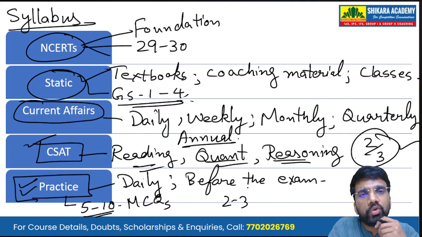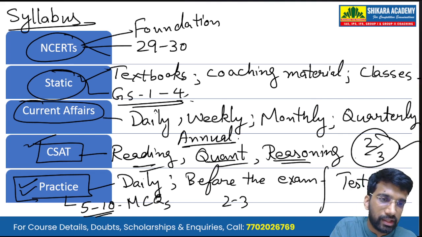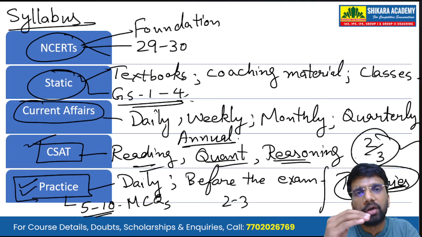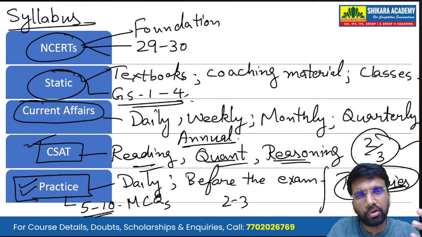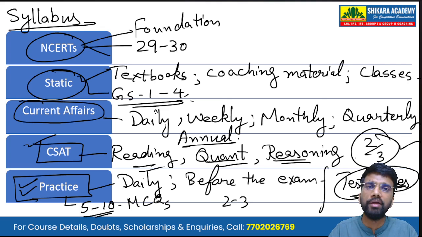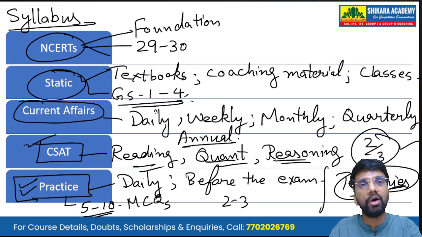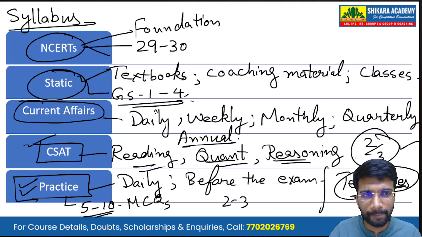But before the actual examination date, there is a rush towards the test series. Test series provide an ideal ground for an aspirant to check his or her preparation level. Before prelims, you should solve at least 5 to 10 mock papers. Before mains also, you should write 5 to 10 papers because they will give you a real-world experience of how you are going to write the paper on the actual day of examination.